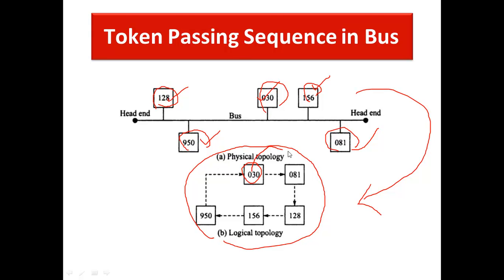The token has to be passed to the next highest MAC address. So from 81 it goes to 128, from 128 it goes to 156, and the last highest address gets connected to the lowest address station to close the ring. So it forms a logical ring, but ultimately the token is placed on the common bus.